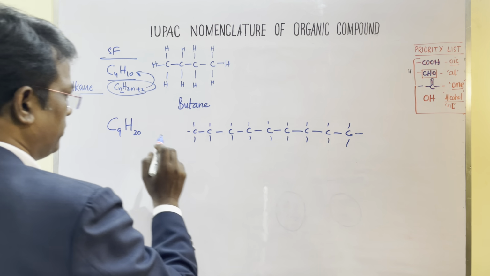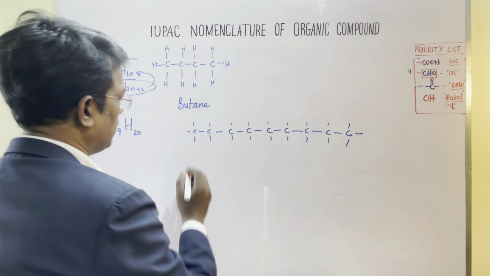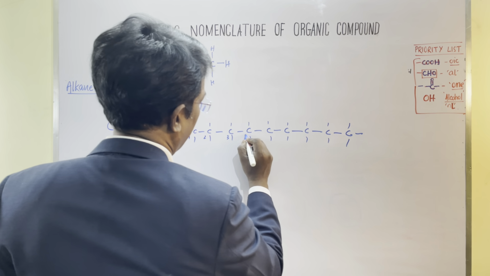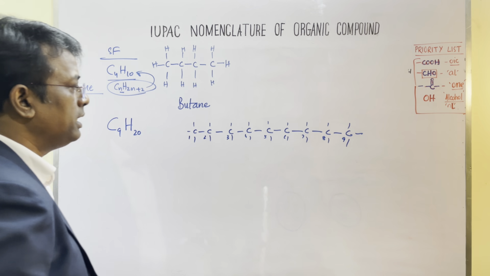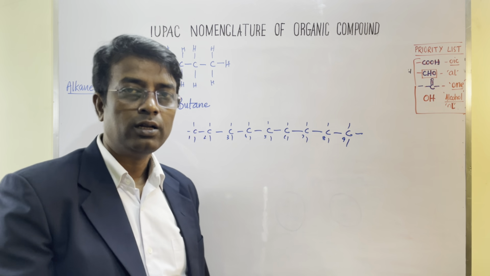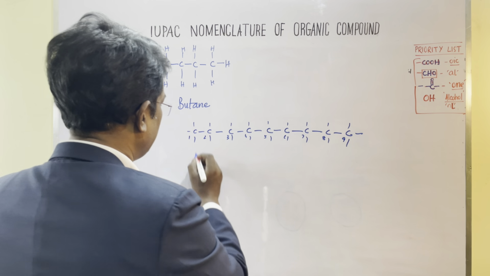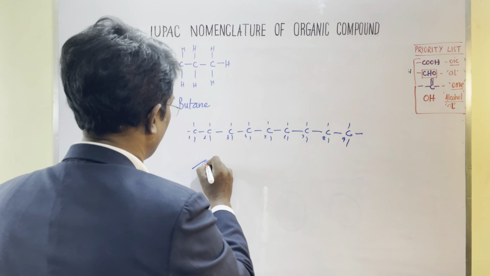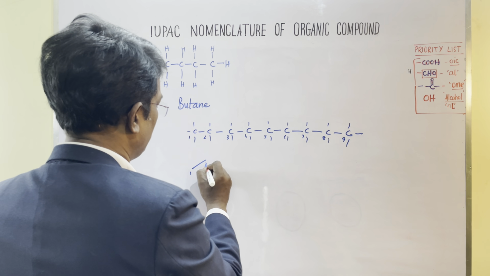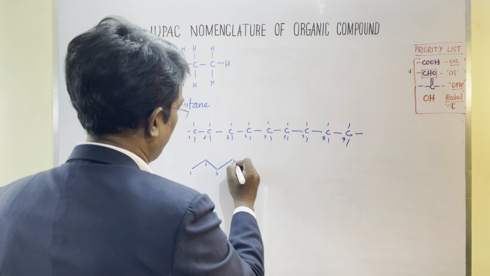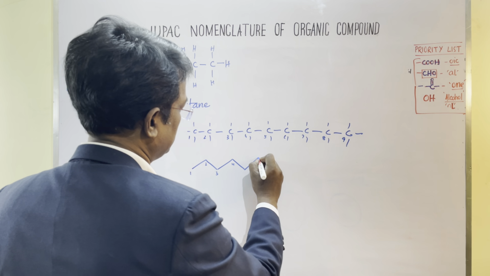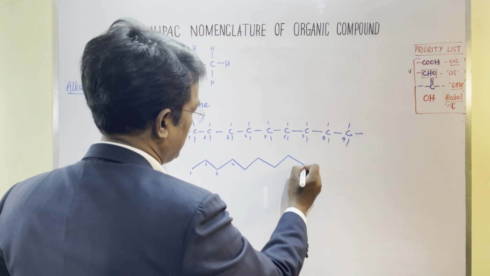But to make life easy, we can draw this as 1, 2, 3, 4, 5, 6, 7, 8 and 9. We take the skeletal structure to save more time. Suppose the first one, this is 1, 2, 3, 4, 5, 6, 7, 8, 9.